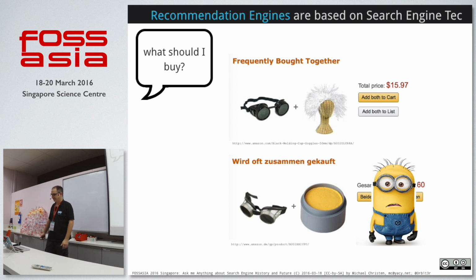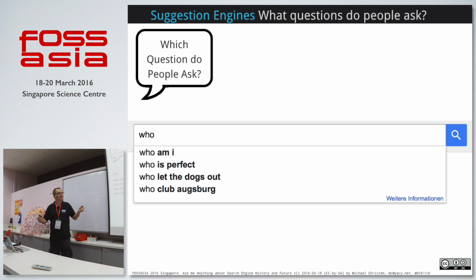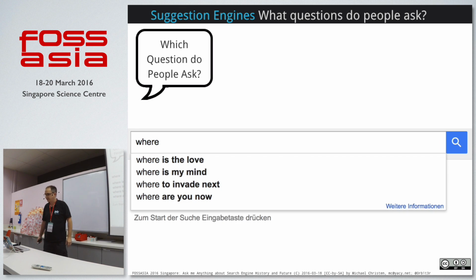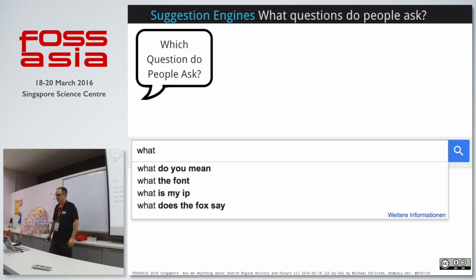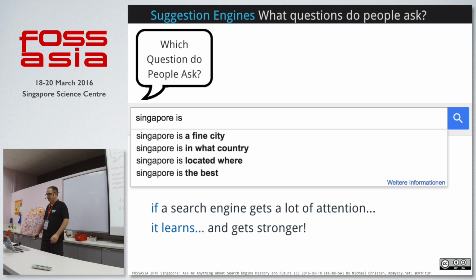So the most asked question of humanity is one nobody speaks about. I mean, the question everybody asks themselves and never speaks about, and you never get an answer is, and you get an answer from Google, who am I? I don't think search engines will answer these questions, but you can try to find out what are most common questions by playing around with who, where, what, how, or maybe about places.